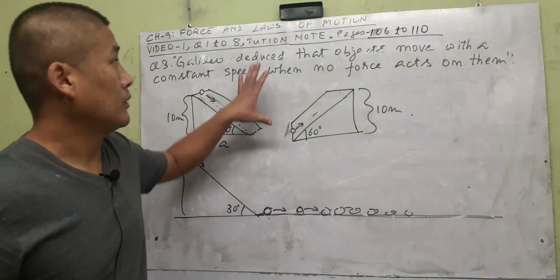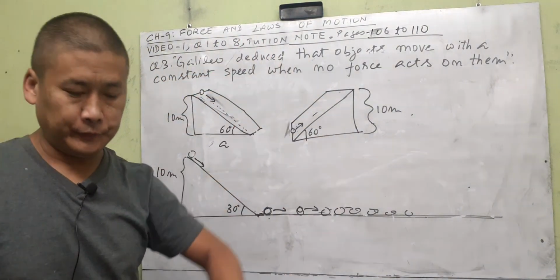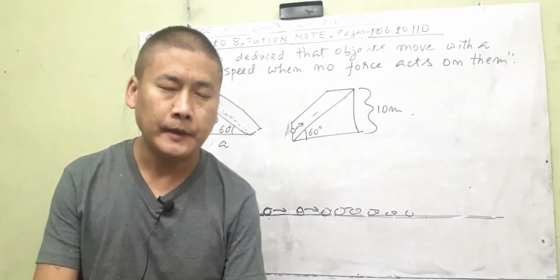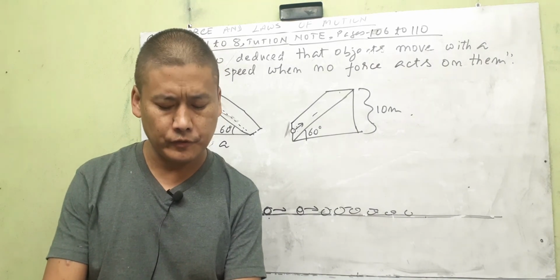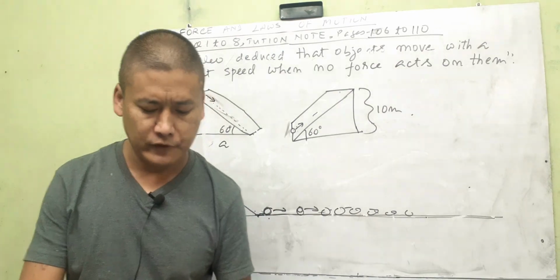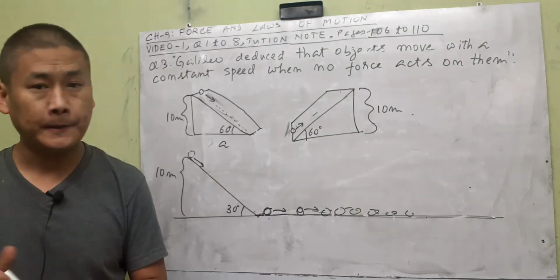Okay, so this is your portion for today. We'll continue in the next class. This chapter, after two or three more classes, we will be having numericals, so listen carefully.